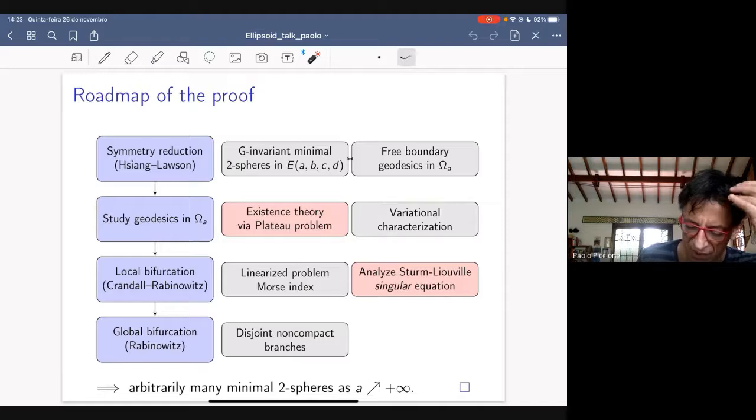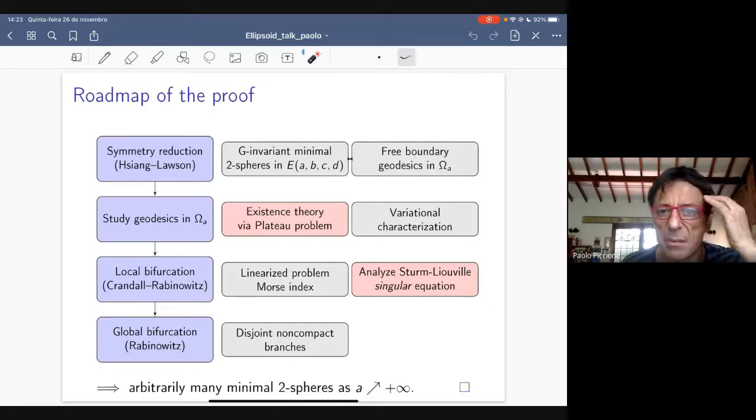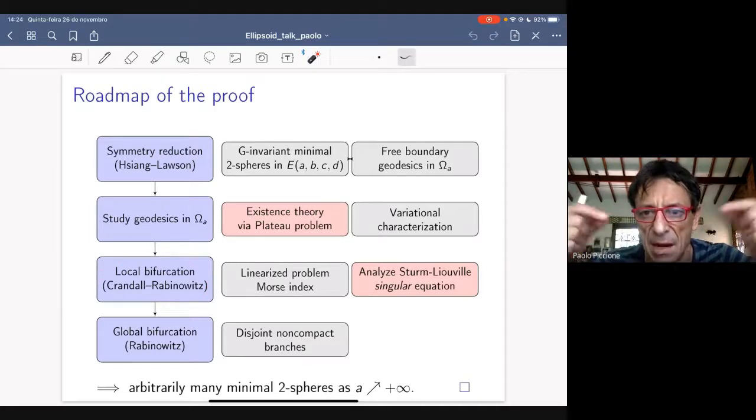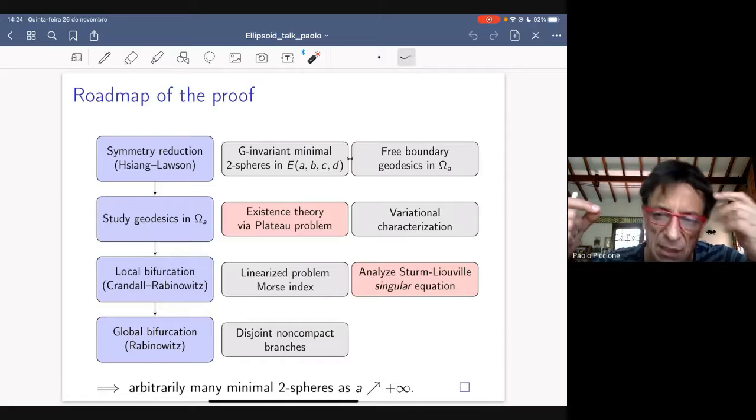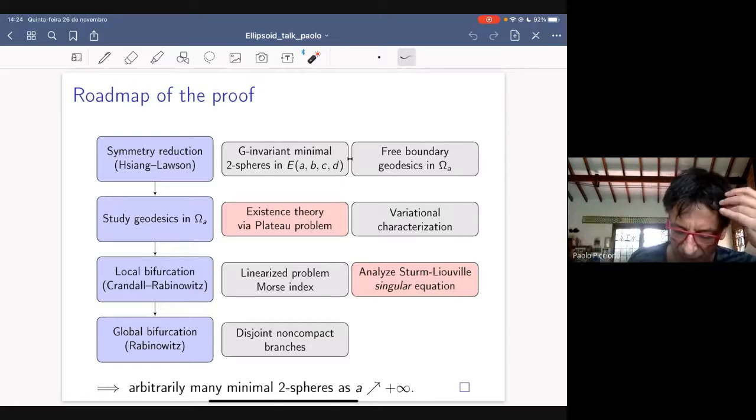So once we have this variational characterization, we use bifurcation theory for this problem, in which the bifurcation parameter will be, of course, the length A of the semi-axis of the ellipsoid that goes to infinity. And so this requires the study of a singular Jacobi equation along this singular geodesic.